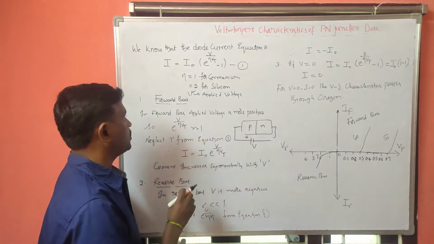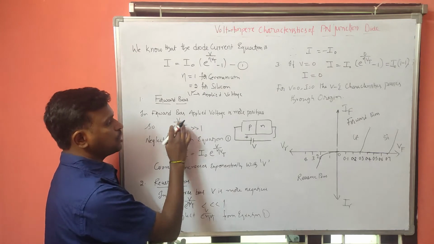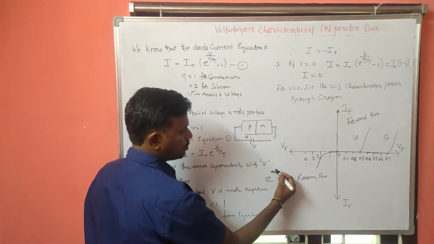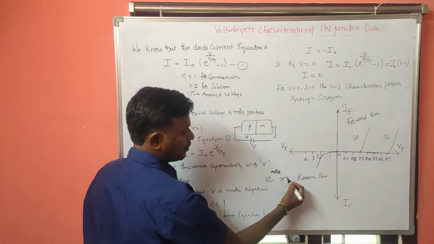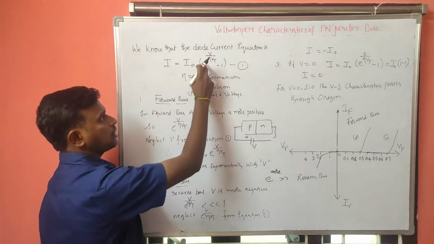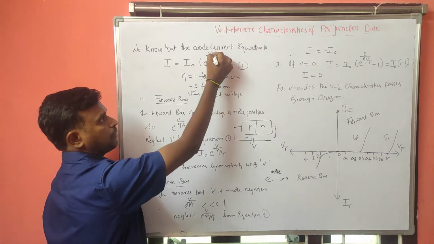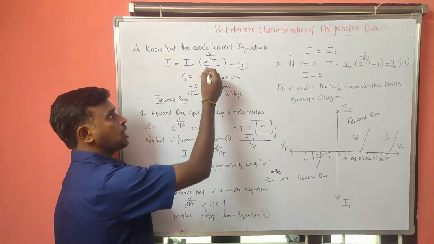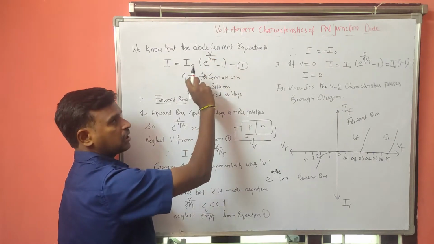If I consider that more positive value, then e power more positive value is a greater value. So that means e power V by neta Vt here is a greater value, because the numerator is more positive.